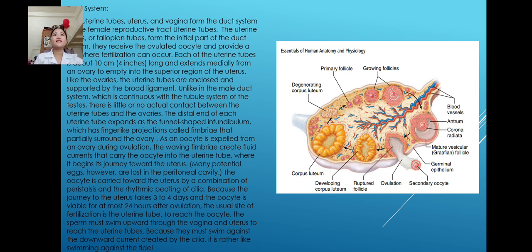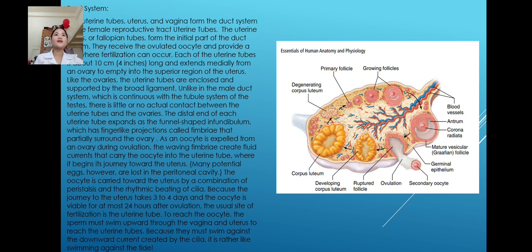As an oocyte is expelled from an ovary during ovulation, the waving fimbriae create fluid currents that carry the oocyte into the uterine tube, where it begins its journey toward the uterus. Many potential eggs, however, are lost in the peritoneal cavity.